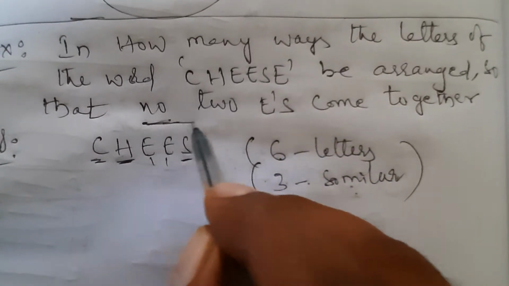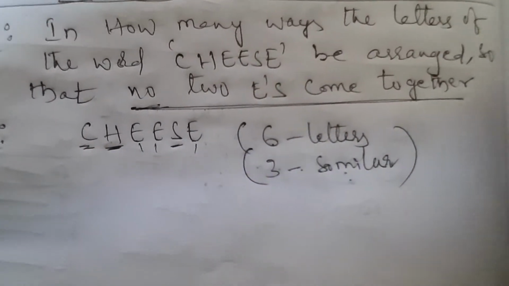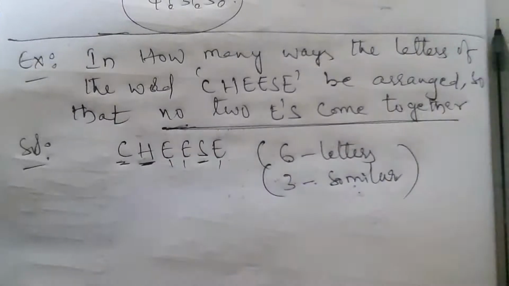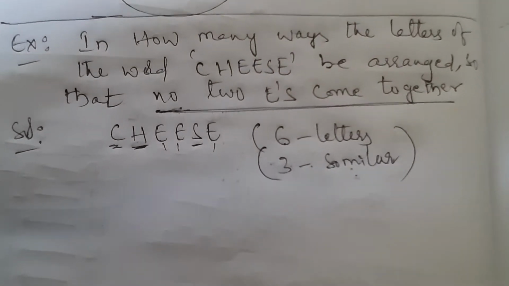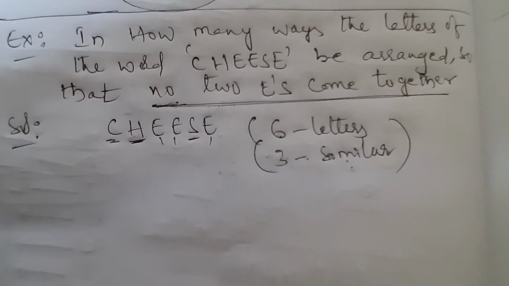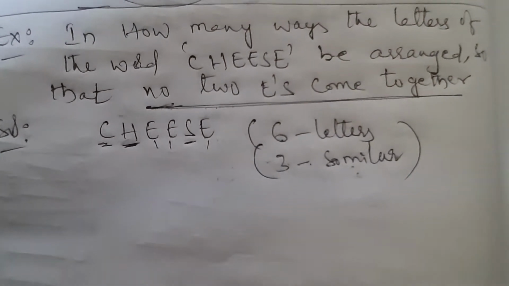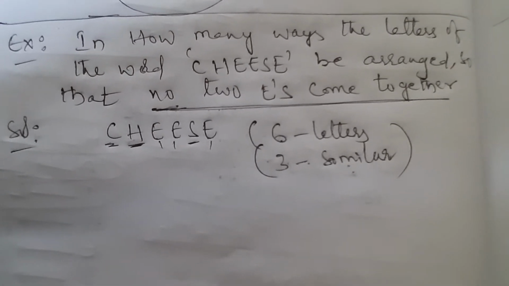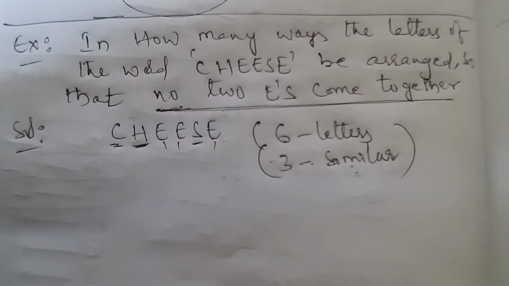According to given data, no two e's come together. In the beginning only I told you, no two things come together. Whenever you observe no two things come together, immediately separate them. By separating them, first we have to arrange the rest of the things.